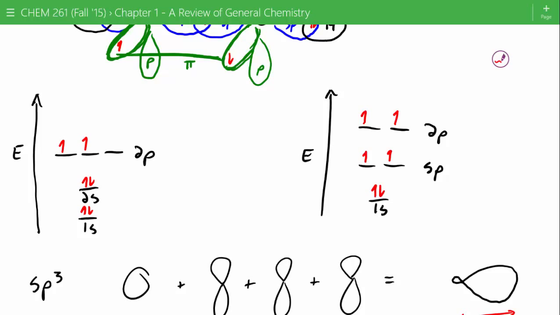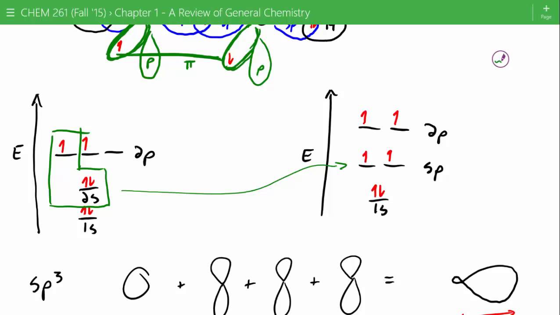That's an indication that we need to hybridize because we've got a mismatch. So when we hybridize, what we're doing is hybridizing this 2s orbital and only one of the p orbitals, right? So these merge together to form our new sp set. Our 2p orbitals are left behind.